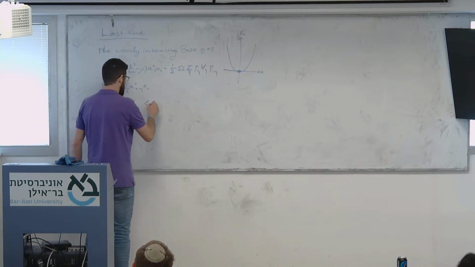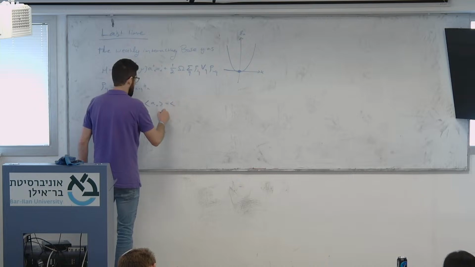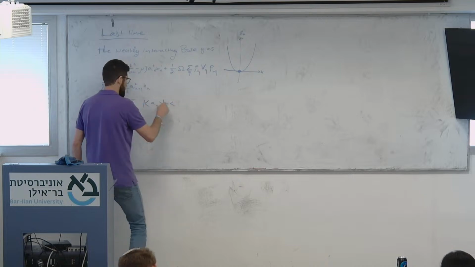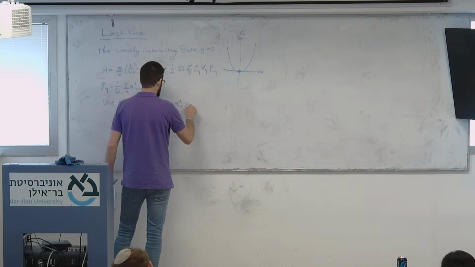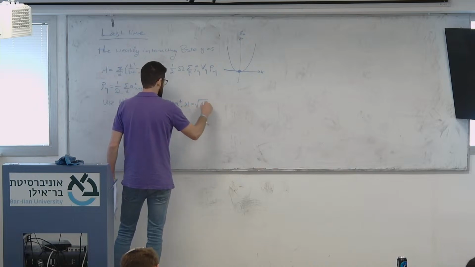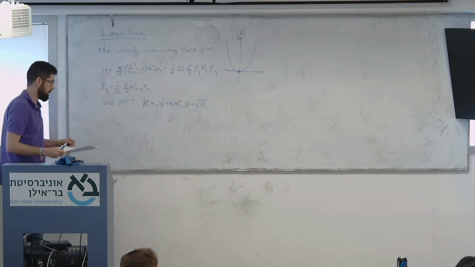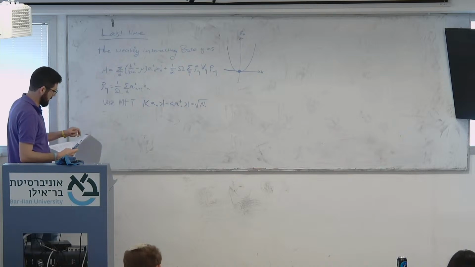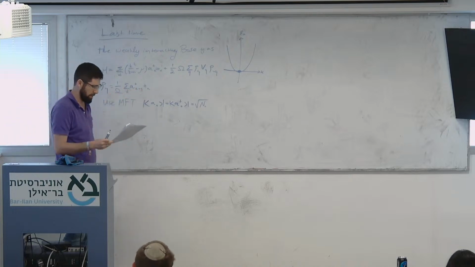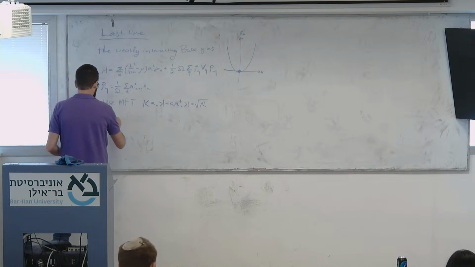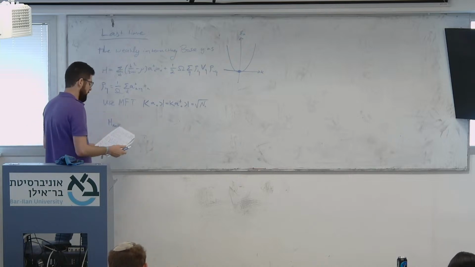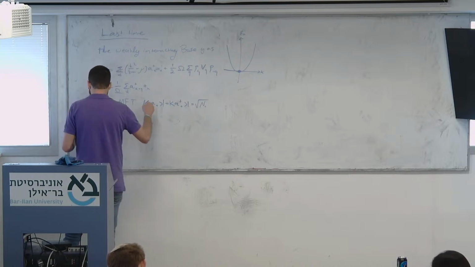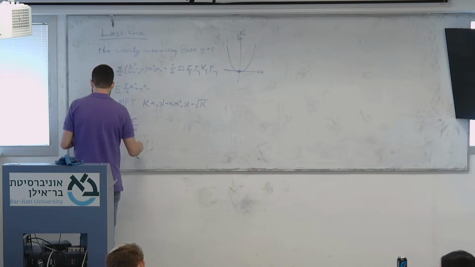So we assume that A of 0 is equal to A dagger of 0 is equal to some square root of n0. N0 is the number of particles in this zero state. Then we use this to decouple the Hamiltonian and write it in quadratic form. We neglected fluctuations around this solution up to quadratic order.